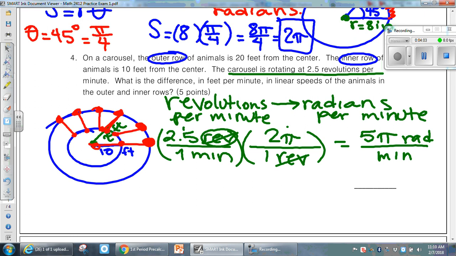Okay. So the formula for linear speed is the angular velocity times the radius. And then the angular velocity was, I remember the formula. Does anyone have section 4.1 available?